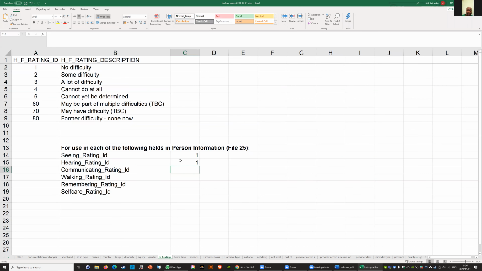Then communicating 1. Walking 1. Remembering 1. Self-care 1. But somebody who's perhaps become a bit old is going to have a 3, and then they might have a 2, and then on the walking, they might have a 3 as well.